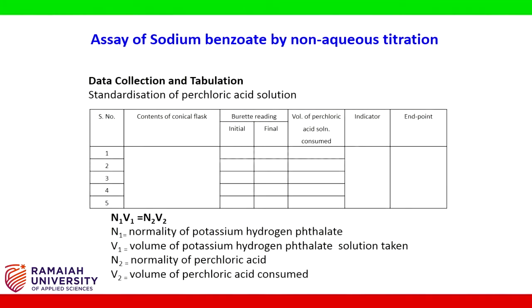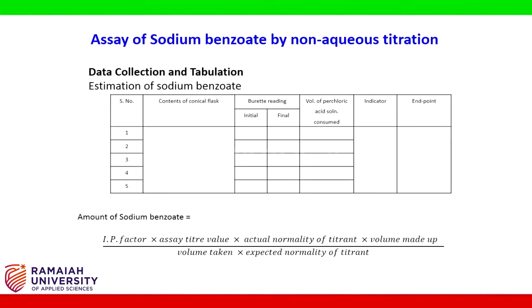The data obtained are tabulated as per the following tables, and after suitable calculation, the actual normality of acetous perchloric acid solution and the amount of sodium benzoate present in the given sample solution are reported.